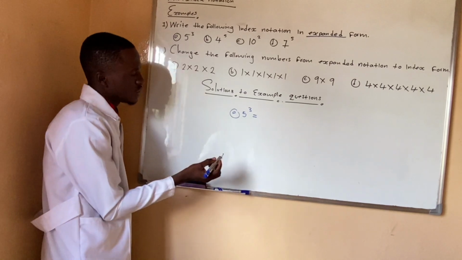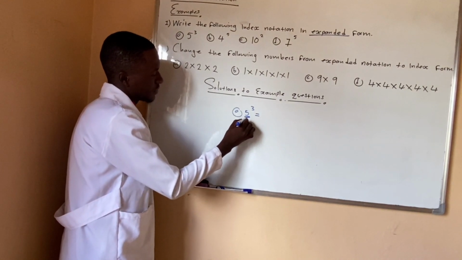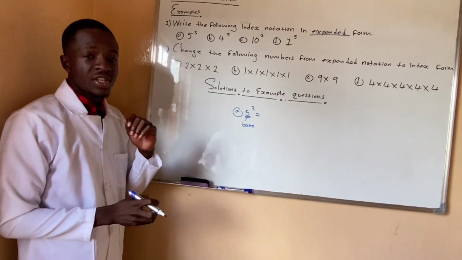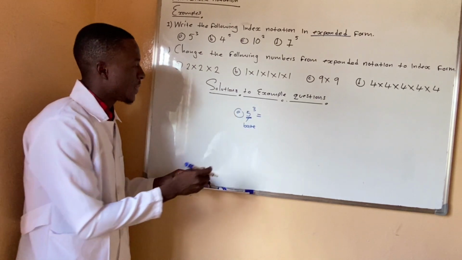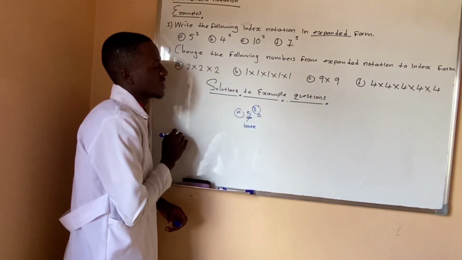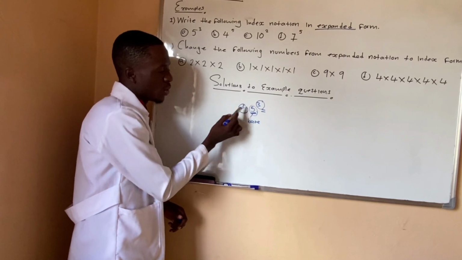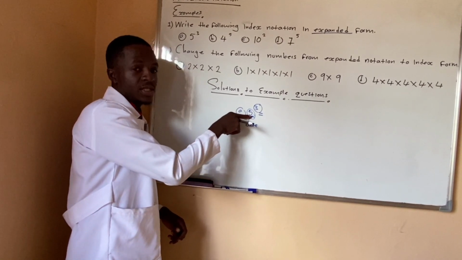We have the base here, which is 5. And the question that you should ask yourself is, 5 is raised to what power? It's raised to the power 3. This power simply means this base will appear how many times? 3 times, multiplied by itself.